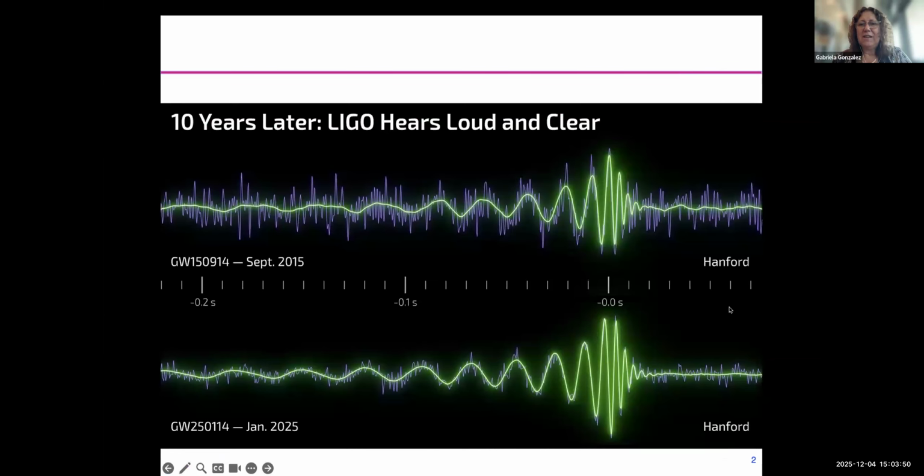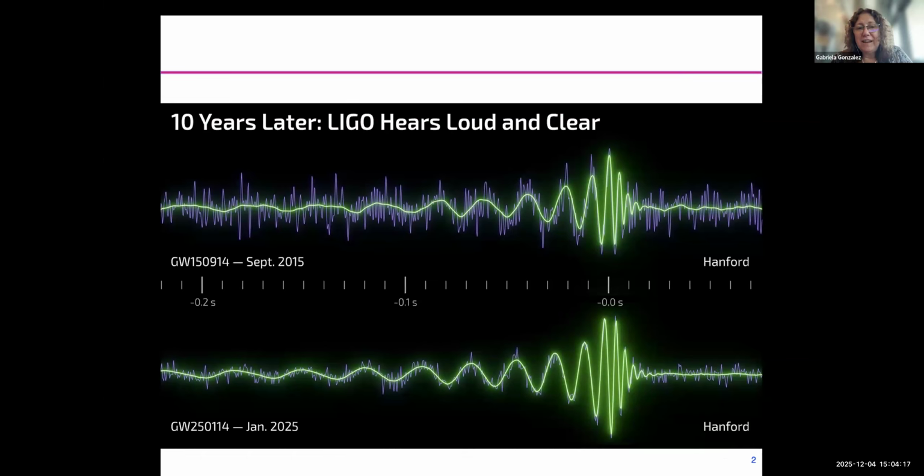Okay, so you might remember that this year we celebrated the 10-year anniversary of the first gravitational wave detection, and we have here the signal that was seen with a peak amplitude of 10 to the minus 21, and you can see the noise that we had in there. This was the signal from the merger of two black holes of about 37 solar masses each.